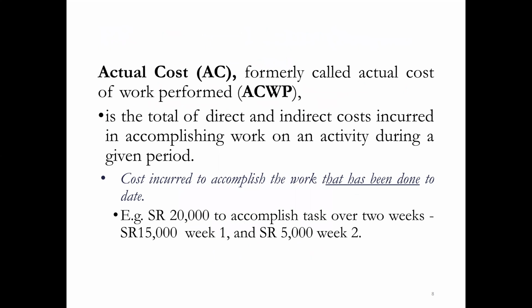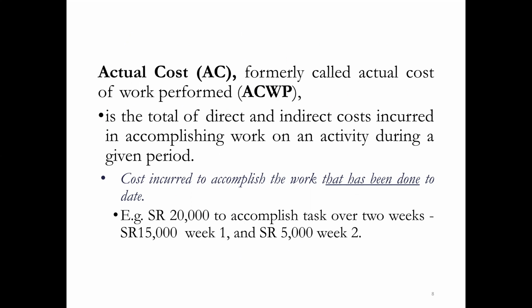Now actual cost, AC, formerly called the actual cost of work performed, is the total of direct and indirect costs incurred in accomplishing work on an activity during a given period. Costs incurred to accomplish the work that has been done to date. Say, for example, we have Saudi Riyal 20,000 to accomplish a task over 2 weeks.